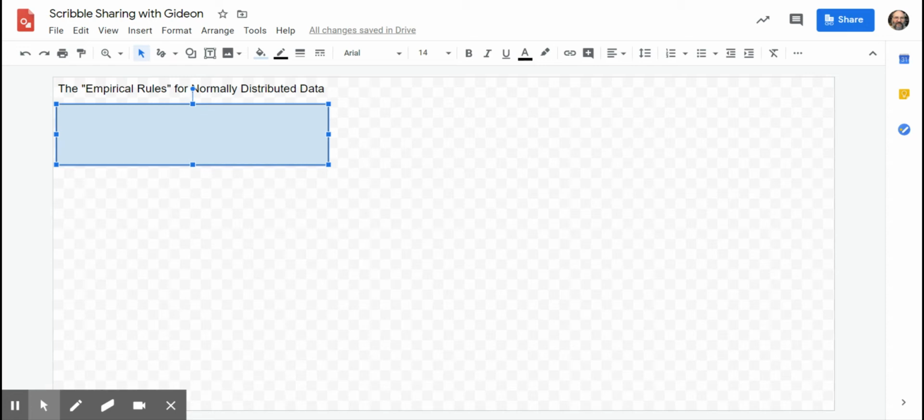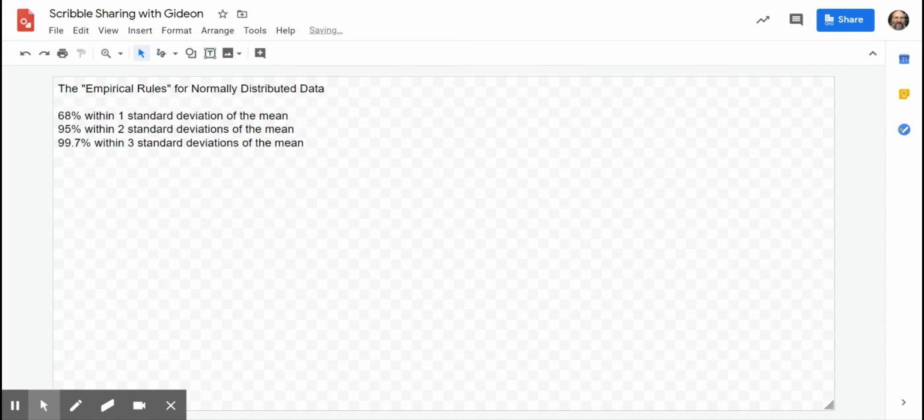If you see normally distributed, that means you're talking about means and standard deviations as your center and spread. And when you've got that scenario, you always know these three facts. You always know that 68% of the data is within one standard deviation, 95% within two, and 99.7% within three. You have to memorize those three numbers to go along with those three amounts of standard deviations.